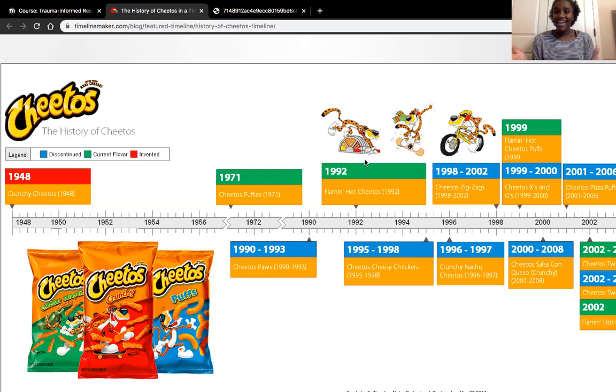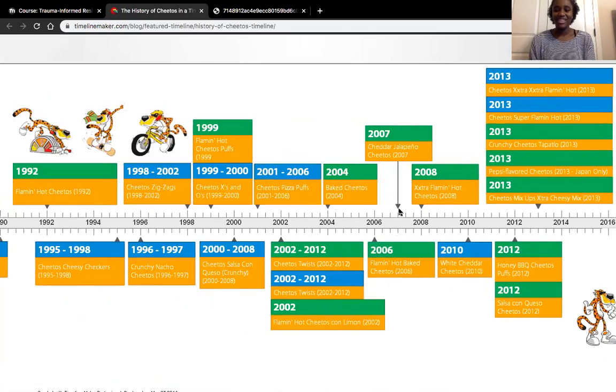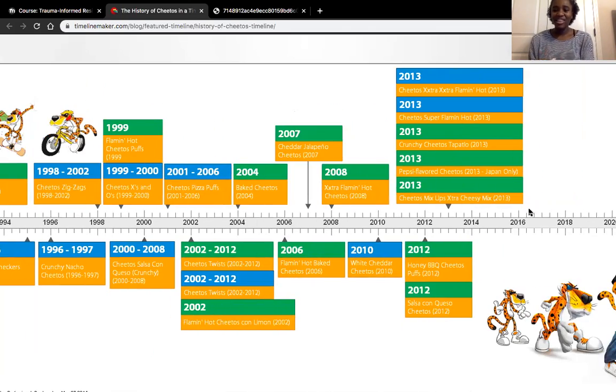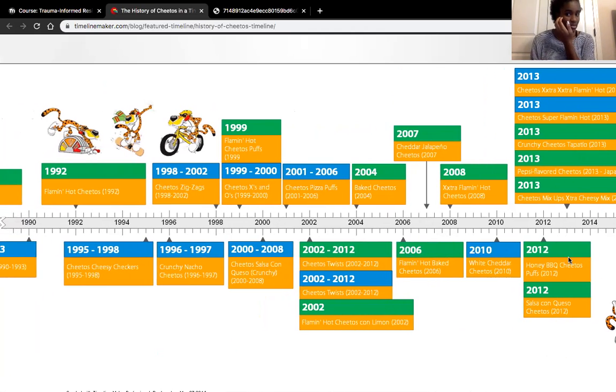So I have magically discovered the history of Cheetos. I have my timeline right here. It has when Cheetos was invented all the way until the last type of Cheeto that was invented, which was in 2013.